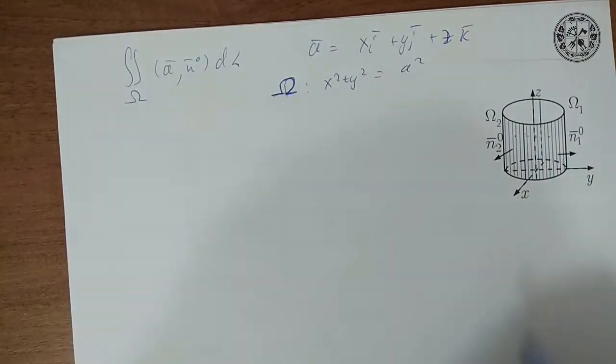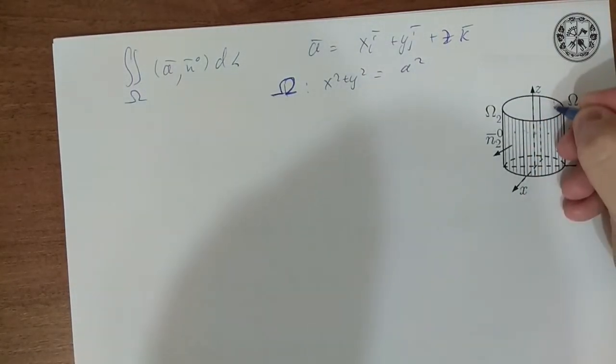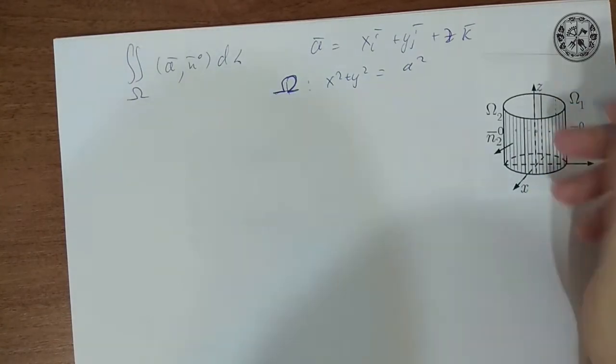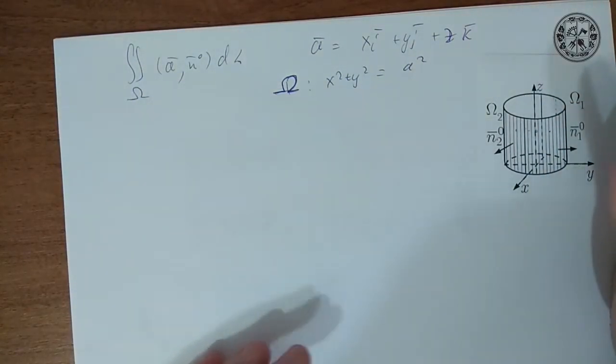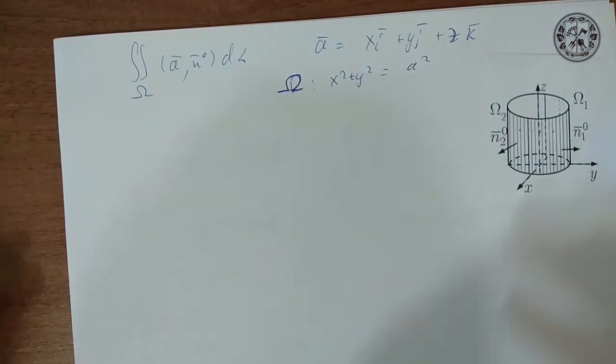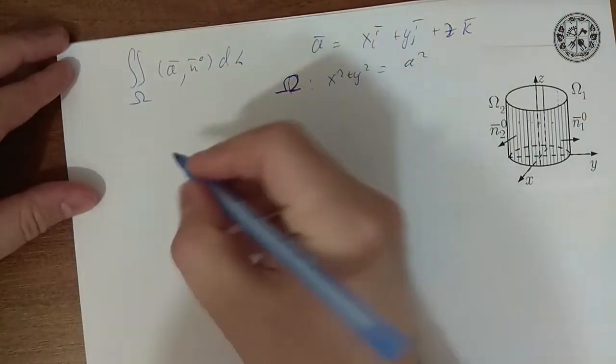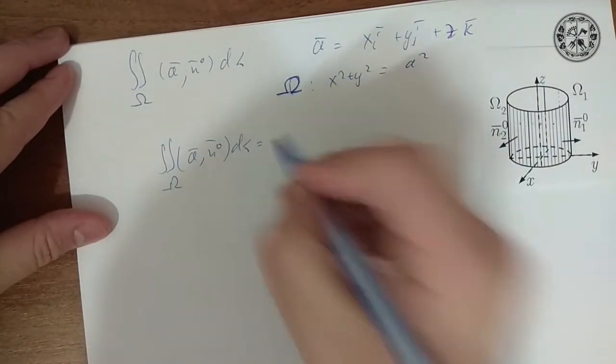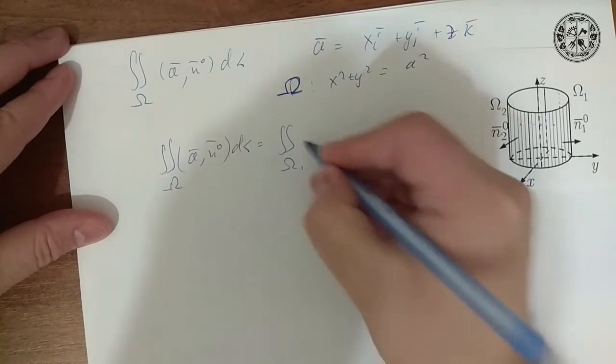So now we can split this cylinder into 2 pieces, where y is positive and y is negative, and calculate both sides. So here we will have the integral of a dot n0. This sigma also will consist of 2 integrals.